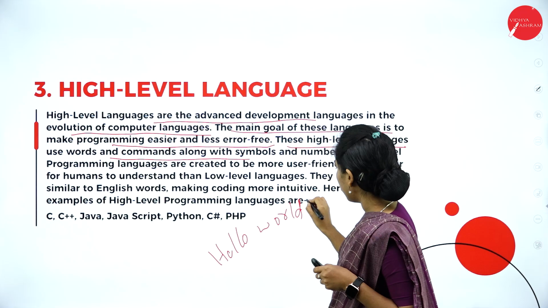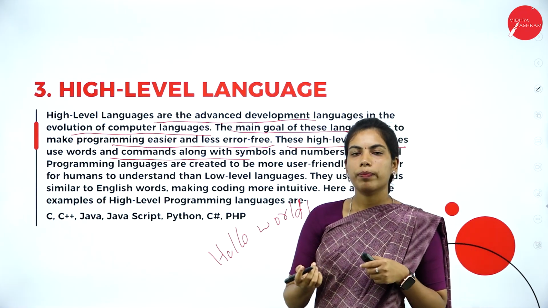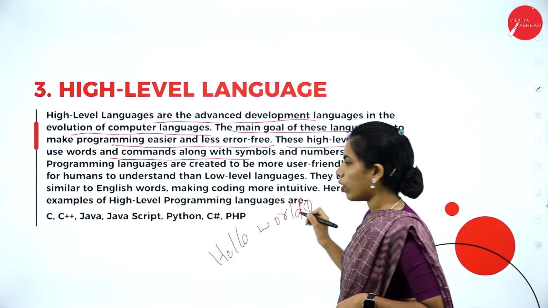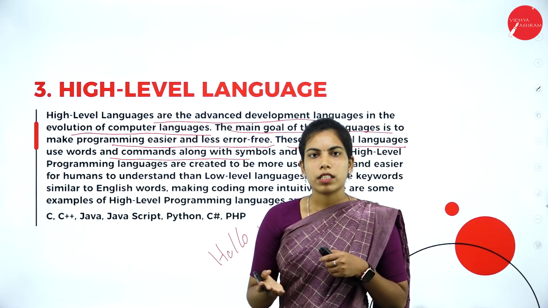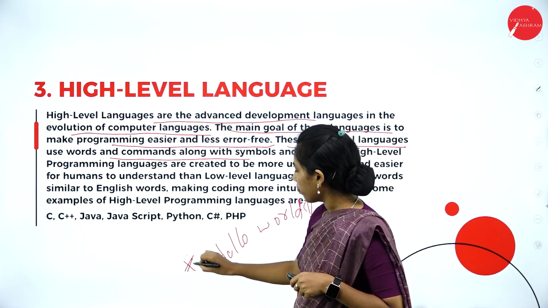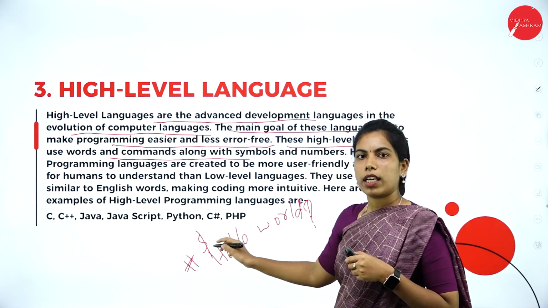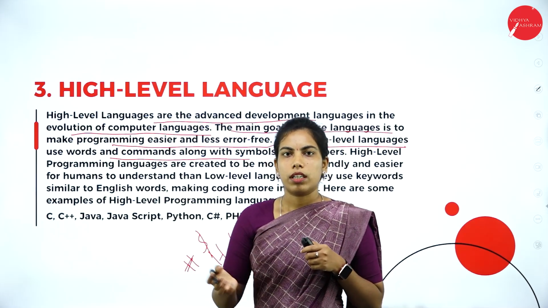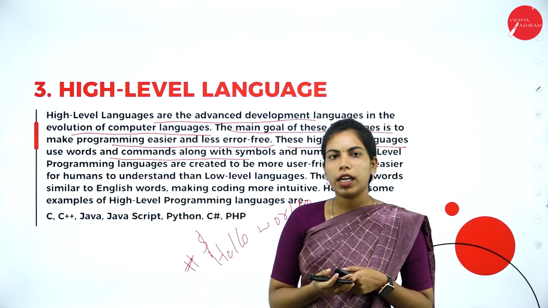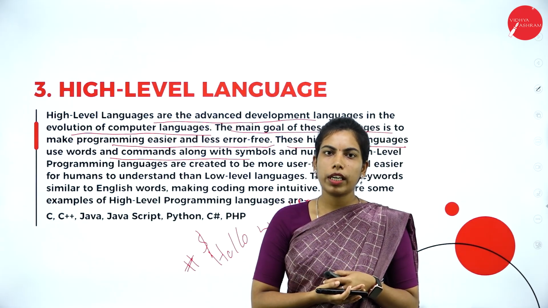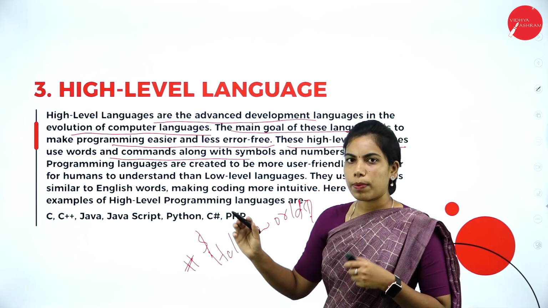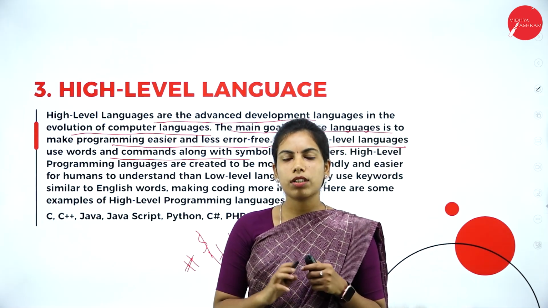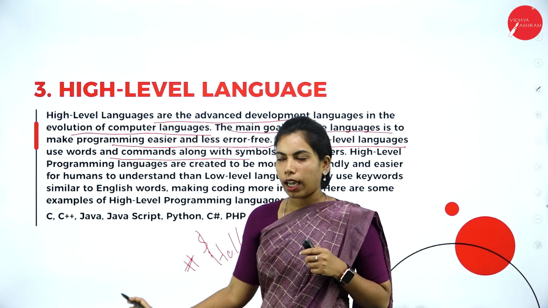For example, I can use hello world, and also hello world with a question mark, and also special symbols like hash and dollar along with the coding. But in the previous assembly and machine level languages we cannot use these special symbols, because those languages do not allow special characters.